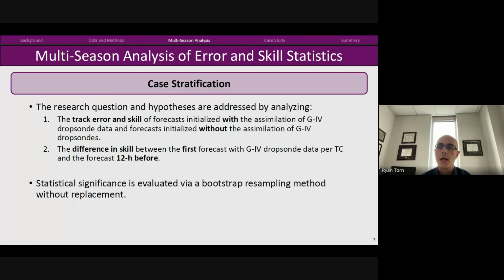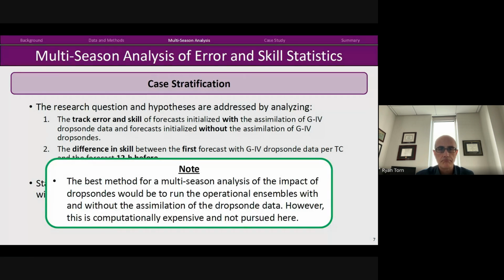So looking at whether the introduction of dropsonde data creates a bigger reduction in track error relative to just a generic forecast. And throughout, we evaluate the statistical significance using a bootstrap resampling method without replacement. So we're just randomly subsampling the larger set of cases for a size that matches the G4. So you go to the next slide.